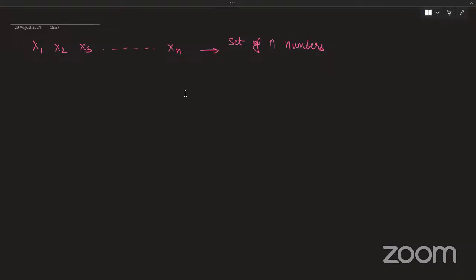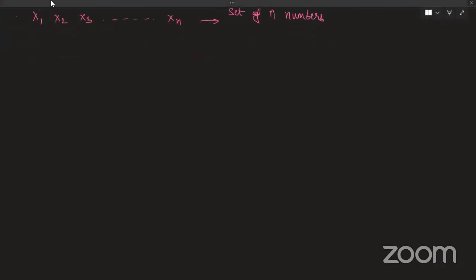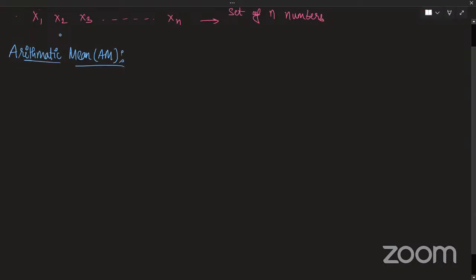So there are a total of four types of mean possible. What are the four types of mean that I can take on this series? The first one, very common and very basic, is arithmetic mean, also called AM. So tell me, how do we take the arithmetic mean of n numbers?